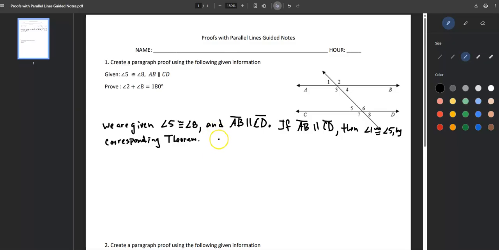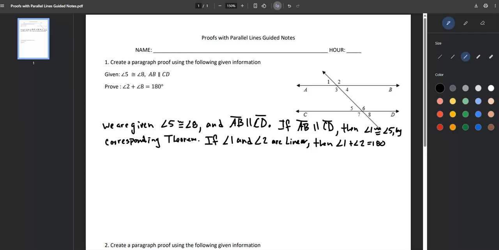Then I'm going to put this next thing. If angle 1 and angle 2 are linear, which they are just by the diagram, then angle 1 plus angle 2 equals 180 degrees, because they're linear pairs.